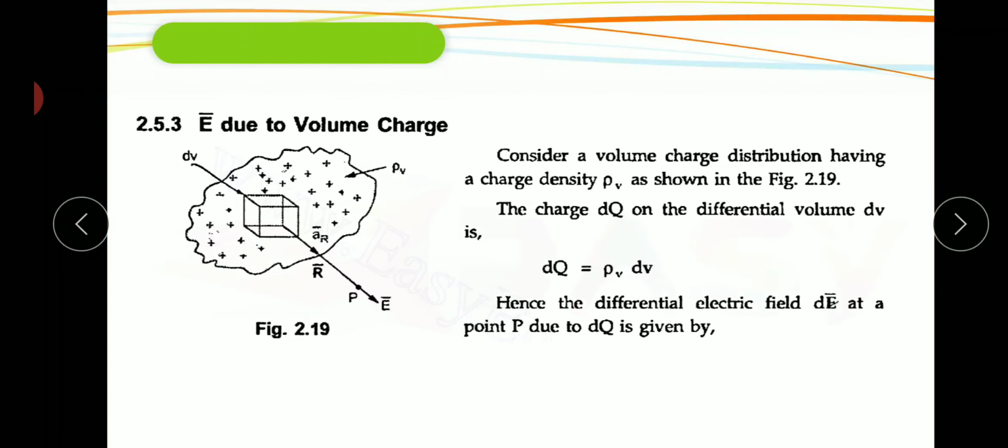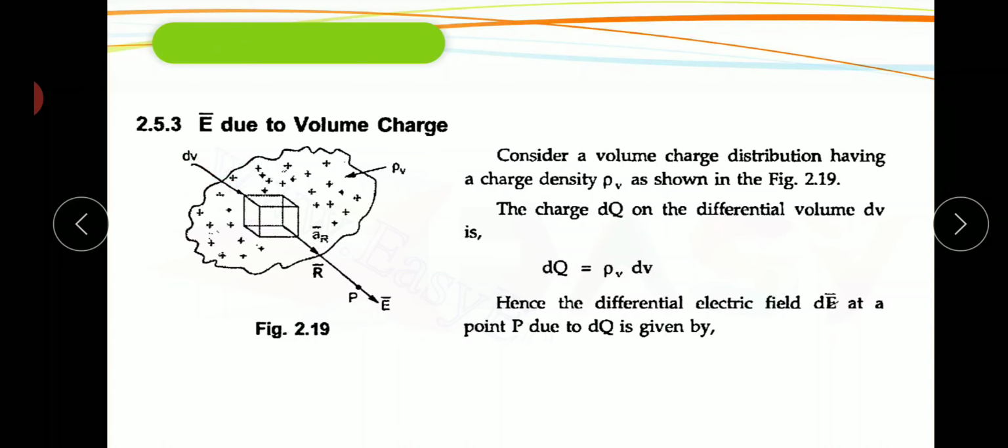Now this is another type of charge distribution, that is volume charge distribution. When you observe this figure, this is the volume charge having volume V. Inside a volume V, consider a smallest volume charge distribution, that is dV.